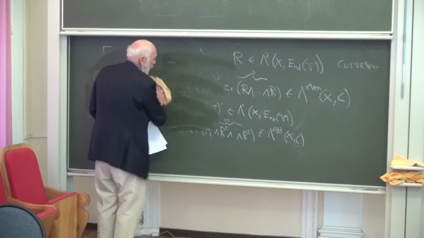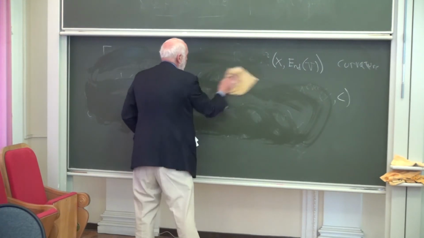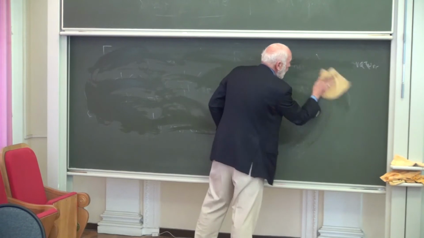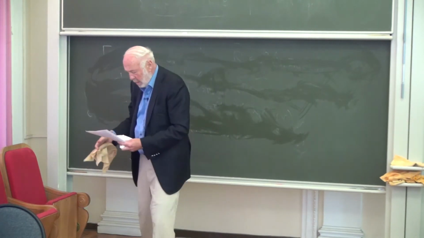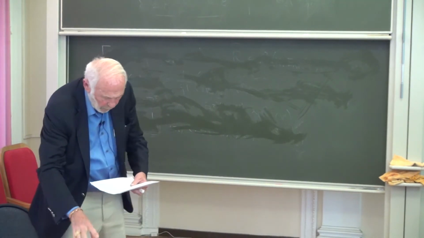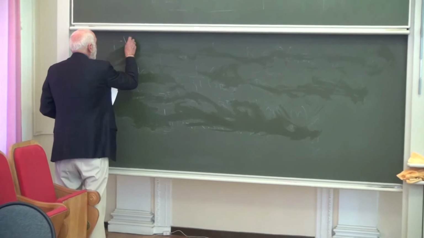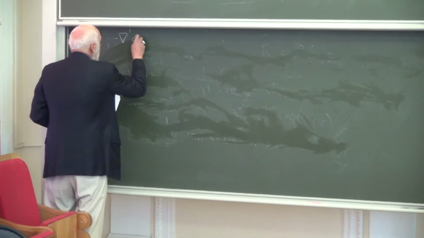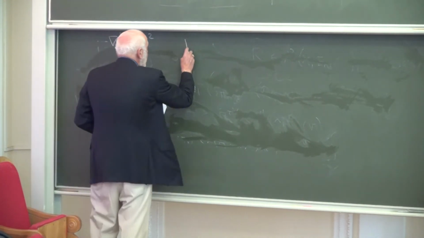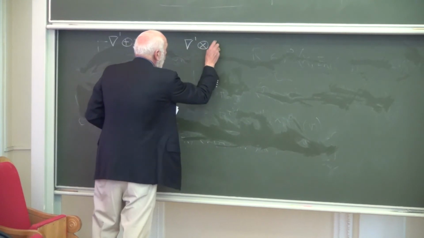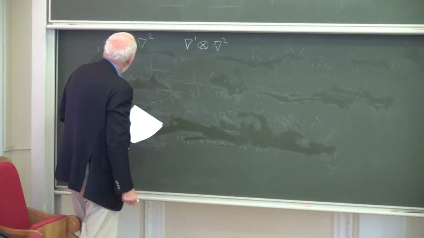Let's see. We go a little bit further here. So we have these structured bundles now, and you can take a direct sum of two connections on the direct sum of bundles. You can take the tensor product of two connections on the tensor product of bundles. And that all makes sense.